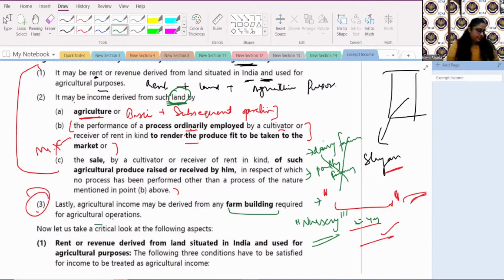Now, what is a farm building? A farm building can be any building which is near to that land and is used for agriculture operations.